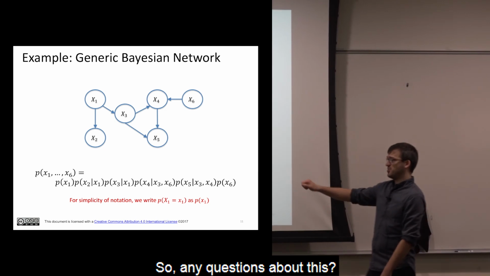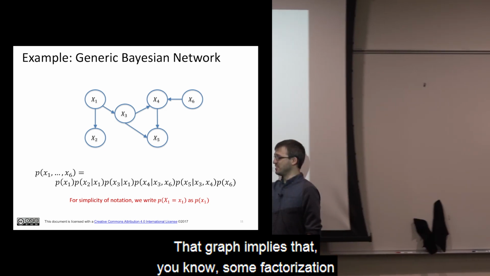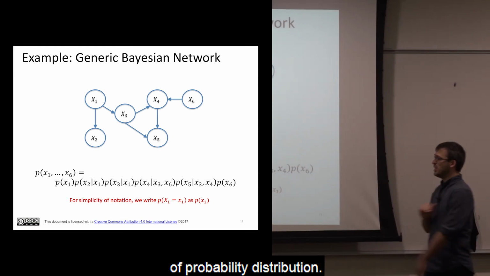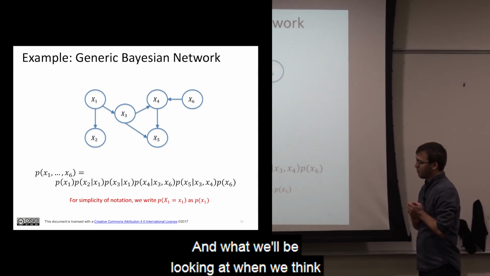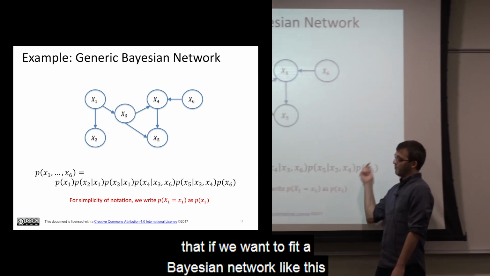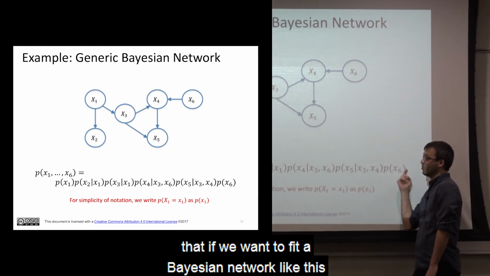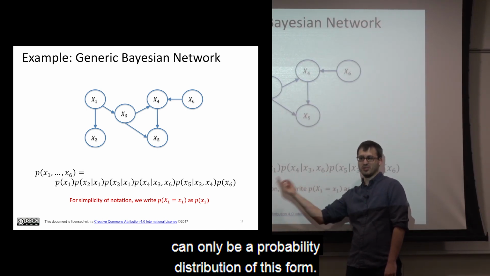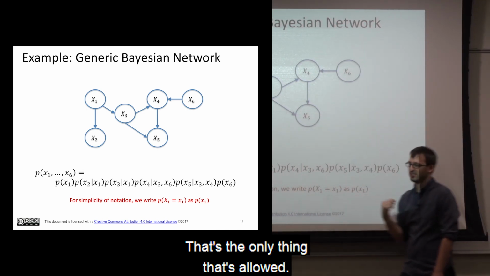So any questions about this? So you have some graph. That graph implies some factorization of a probability distribution. And what we'll be looking at when we think about fitting probability distributions to data is that if we want to fit a Bayesian network like this to data, we'll assume that it can only be a probability distribution of this form. Right? That's the only thing that's allowed.